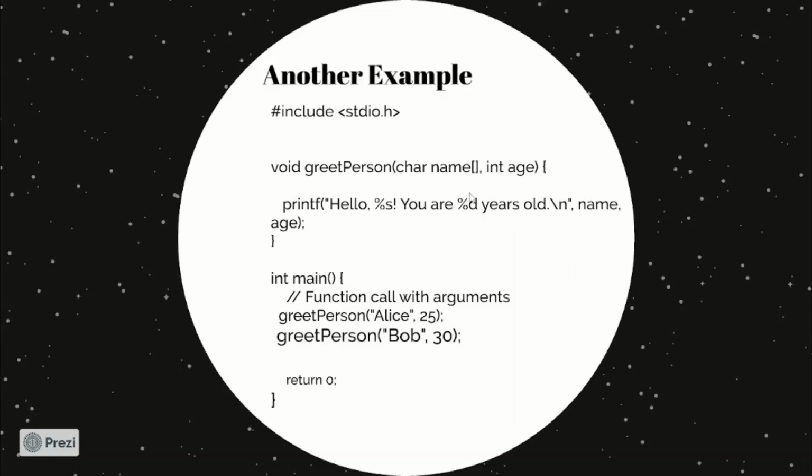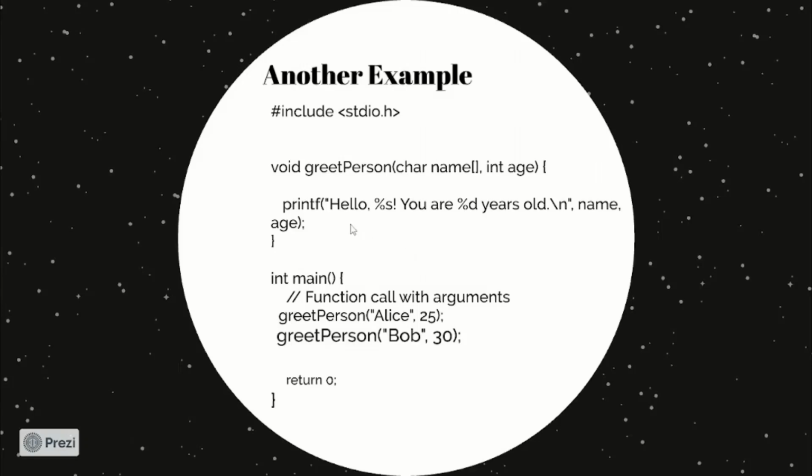If we want to display a number, we use the format specifier %d. Here what we have to display is name. Name is a string, right? So we give %s, and in that place we display age, so we give %d.